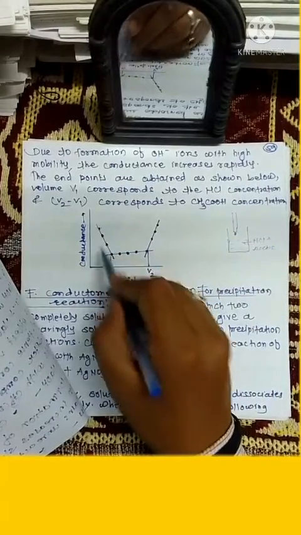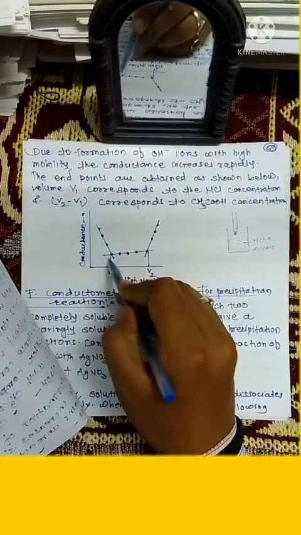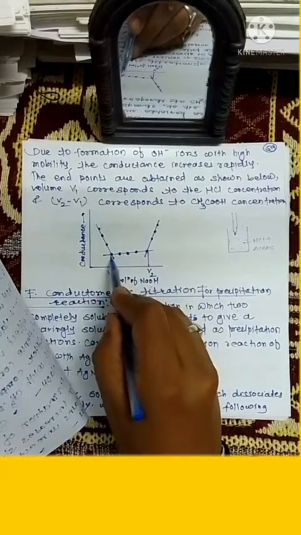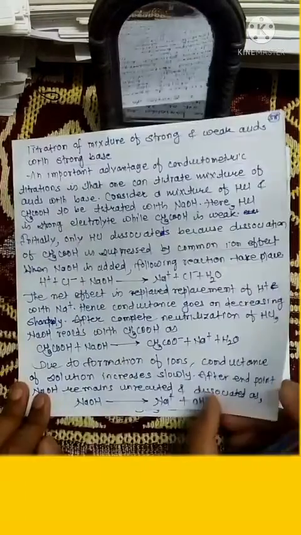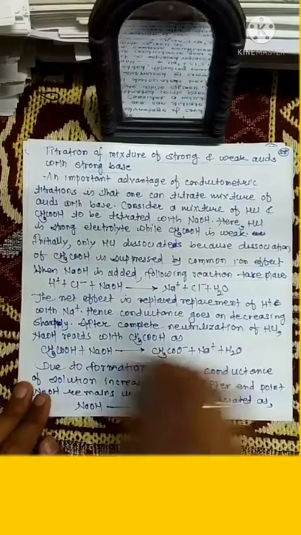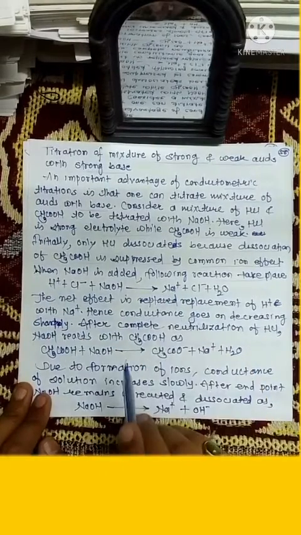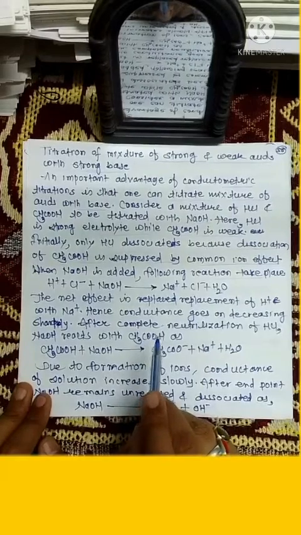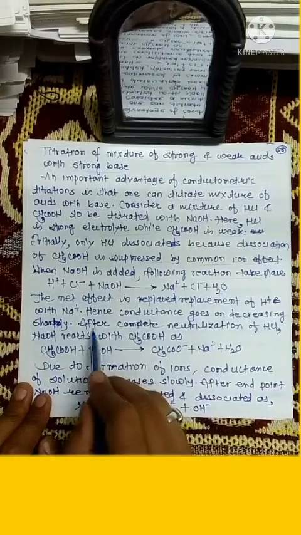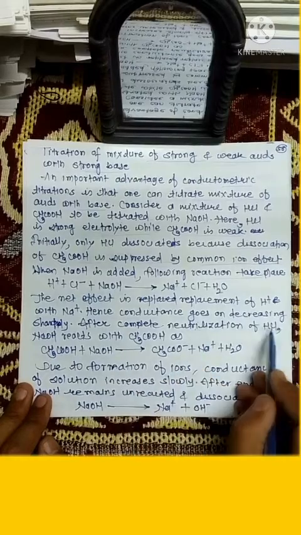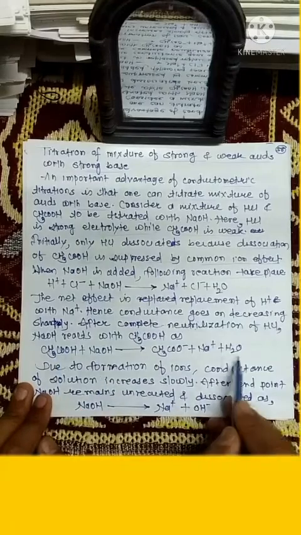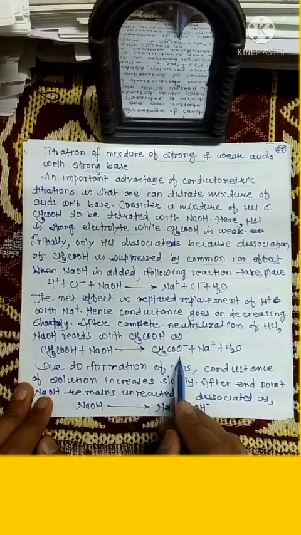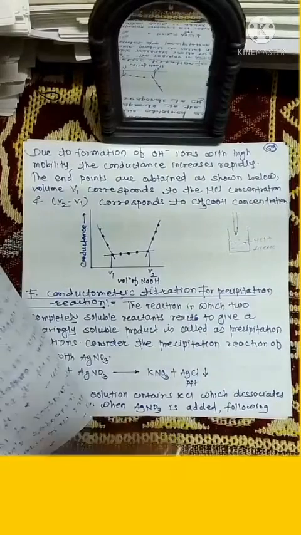Initially conductance decreases up to this point, because the overall effect in this case is that H+ is replaced by Na+. After the complete neutralization of HCl, NaOH then reacts with acetic acid. So this is the reaction for that. Due to the formation of ions, conductance of the solution increases slowly from here.